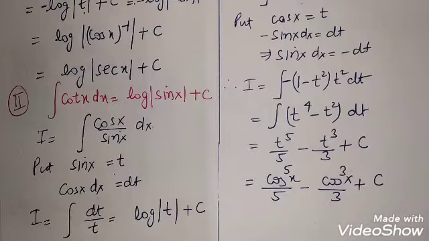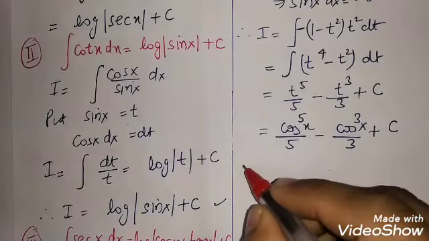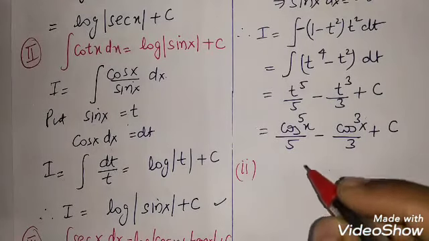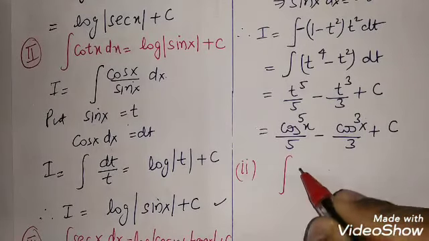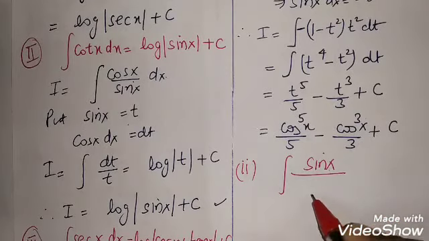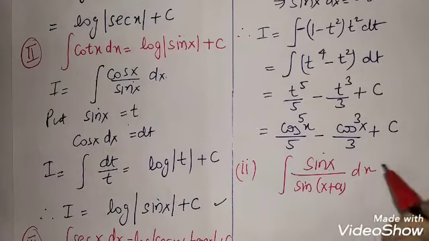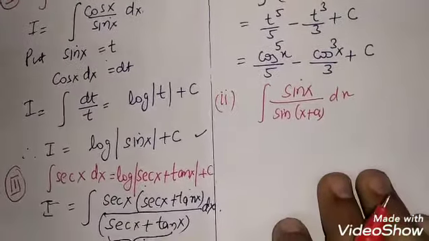Same is the second part. But as I already told you, I'll do every single example for you. So example number 6, second part is integration of sine x upon sine of x plus a. This is again a very easy question.